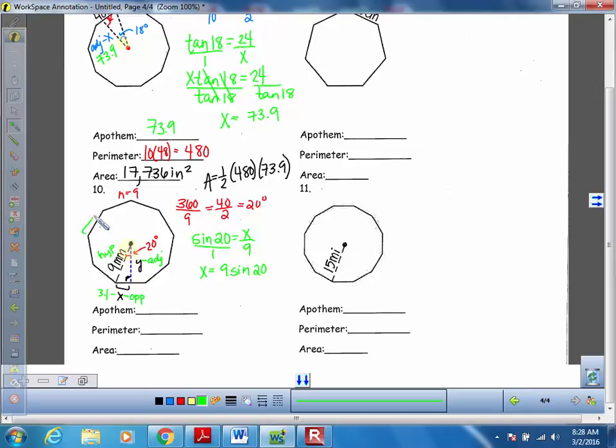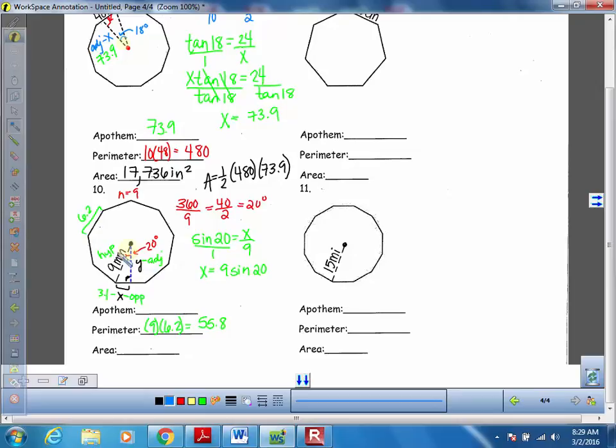If we want this entire side, and 3.1 is only half, that means if we double it, the whole side is going to be 6.2. Now, to find the perimeter, you have to do the number of sides, which is 9, times how long the side is, which is 6.2. When you multiply that, you end up getting 55.8.